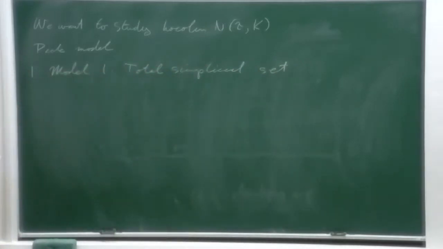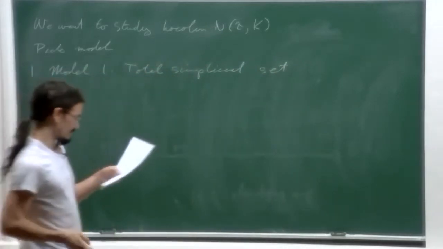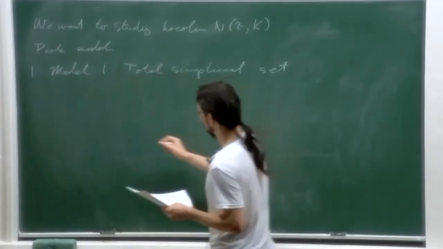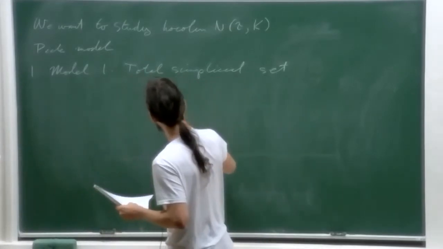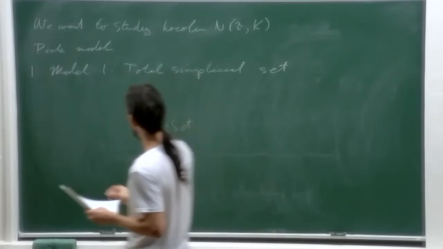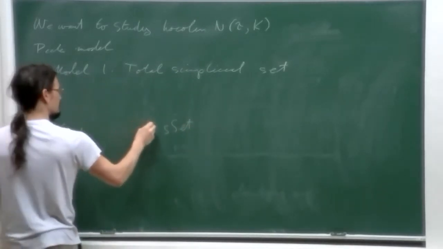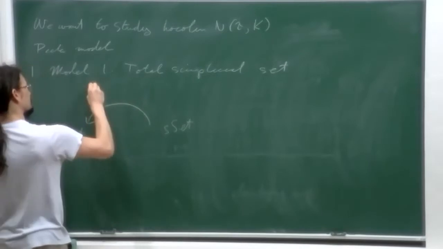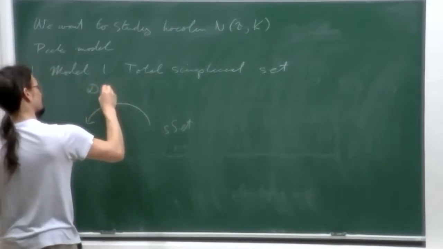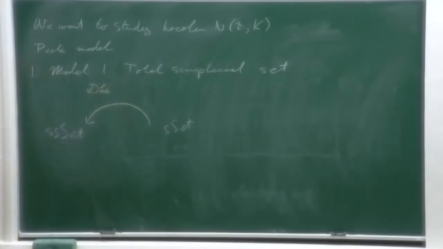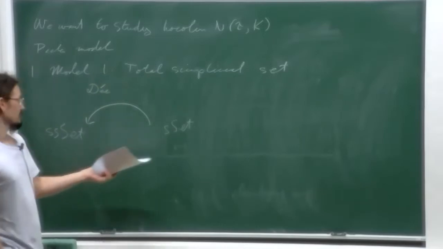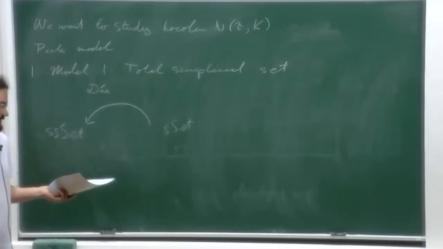So just to very quickly recall how that works. There's a map called the décalage, which makes a bisimplicial set out of a simplicial set.